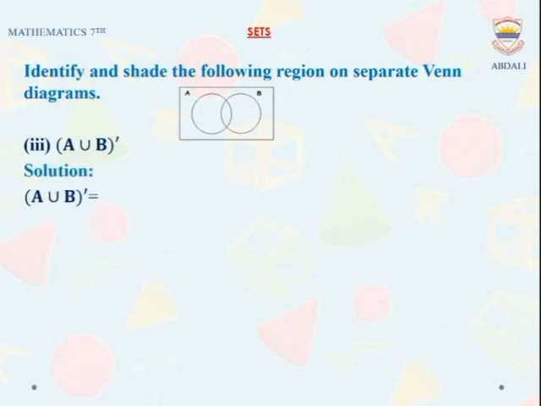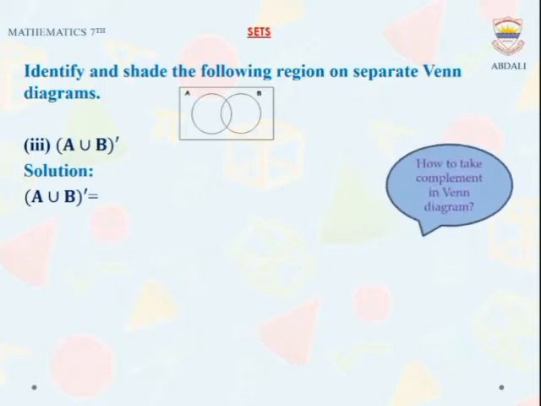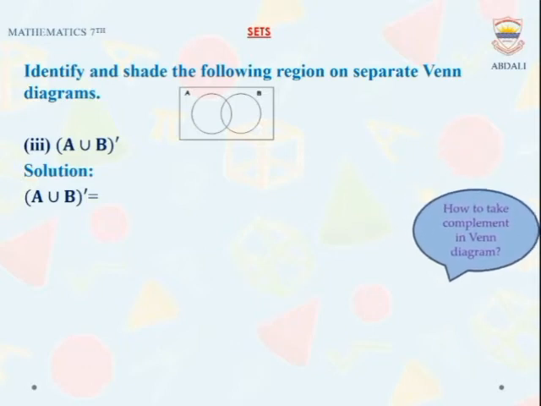Now we have to take the complement of our bracket. A question will arise: how to take complement in a Venn diagram. So class, we know what complement means. Complement means all the elements of the universal set except the given set. So given is A union B.